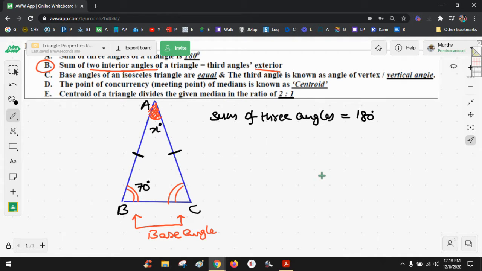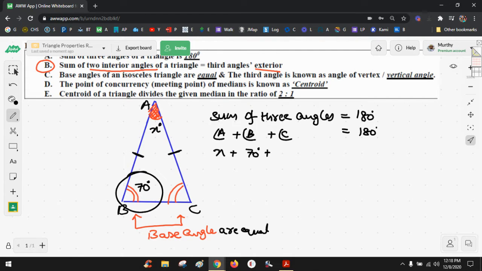Well, here angle A plus angle B plus angle C equals 180 degrees. Angle A is X degrees, angle B is 70. Oh my gosh, angle C is missing. But friends, remember that we already discussed that base angles are equal.